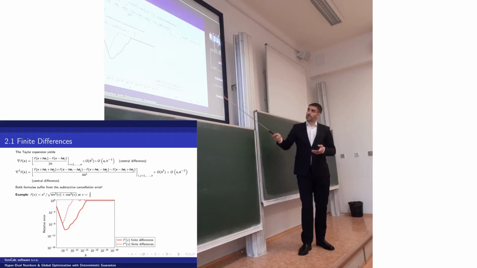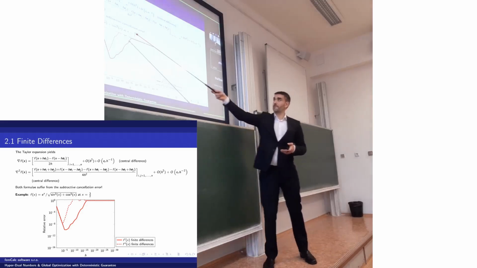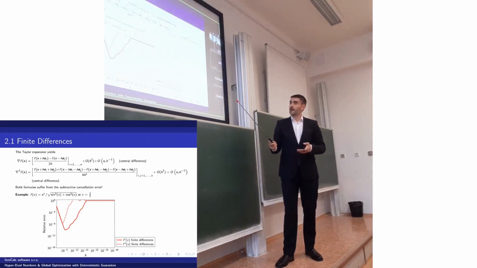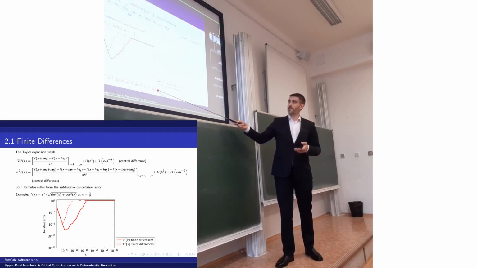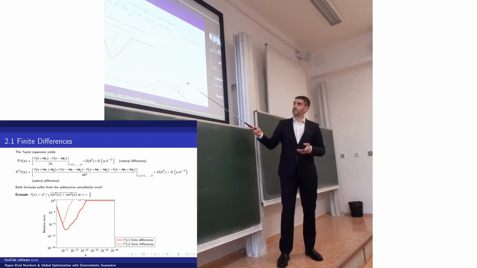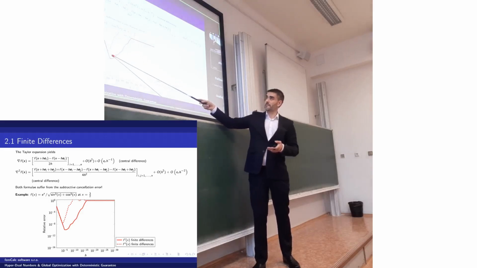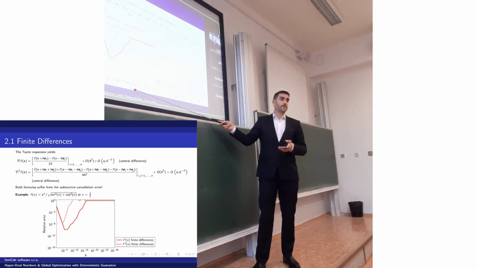And now we look at the numerical example, which is this function at this point. And we look at this in the logarithmic scale, so the small values of h are on the right hand side. If you look at the first derivative, we see that at the beginning the error is high, but it decreases with smaller values of h.